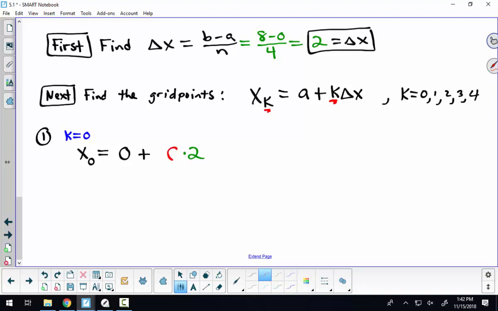So don't get these two zeros confused. This 0 that's multiplying 2 is just based off of the subscript on x. The first 0 was from a itself. All right, so that tells us that x sub 0 is 0 plus 0, 0. So that's our first grid point.